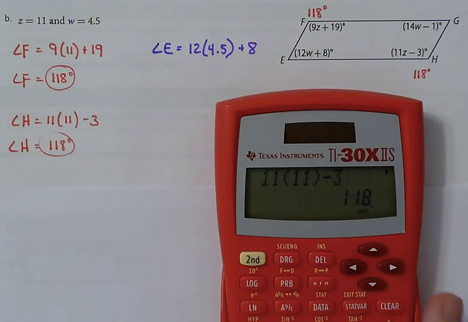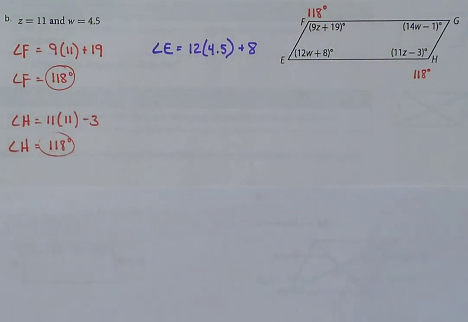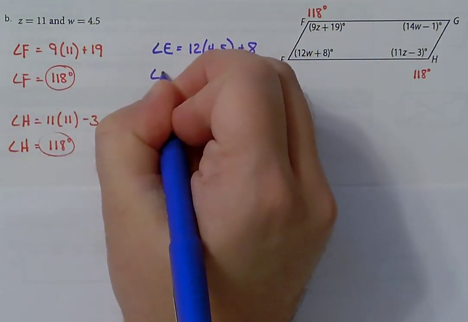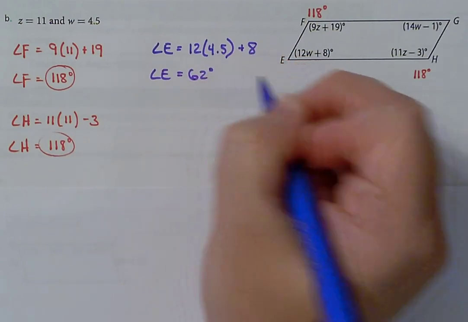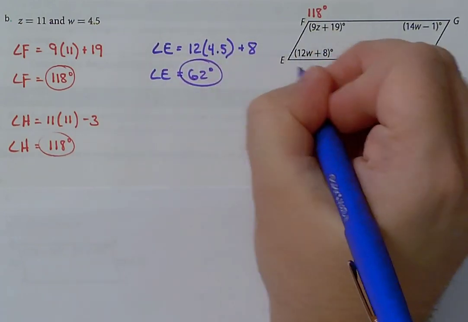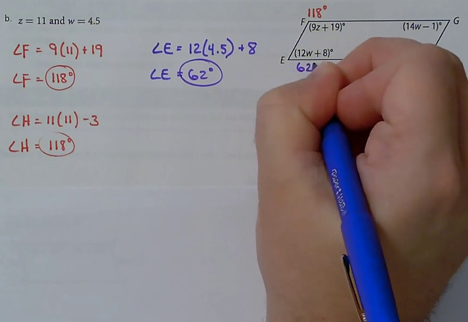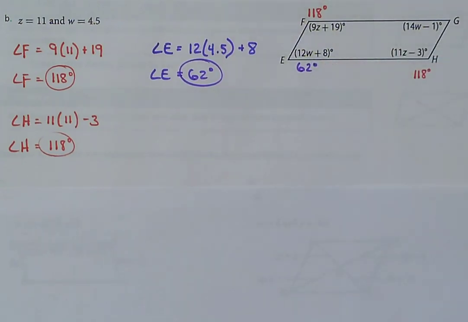So if we do 12 times 4.5 plus 8, we end up with 62 for the measure of angle E. So that means angle E is 62 degrees.